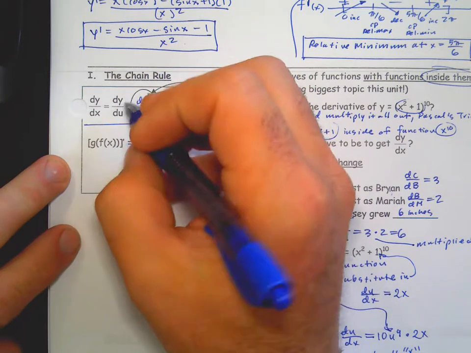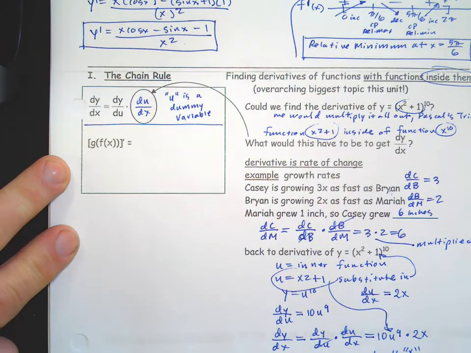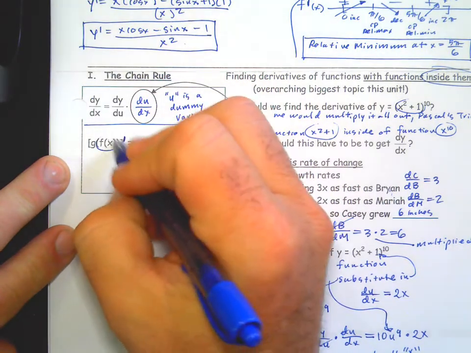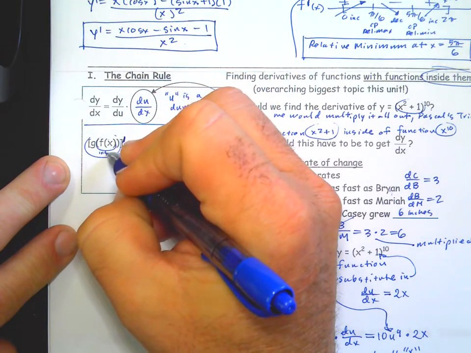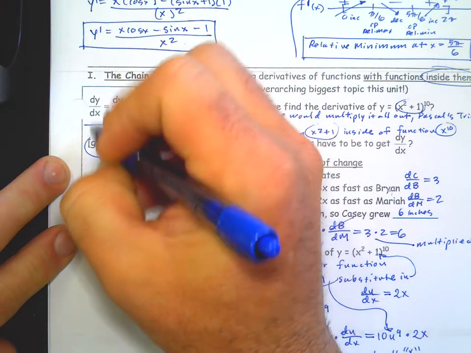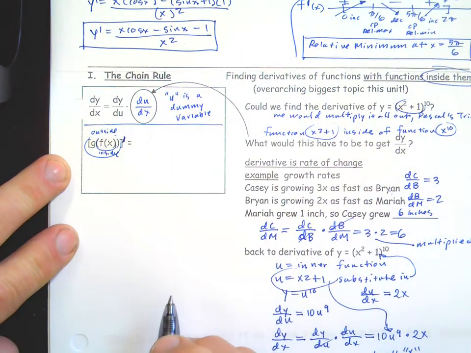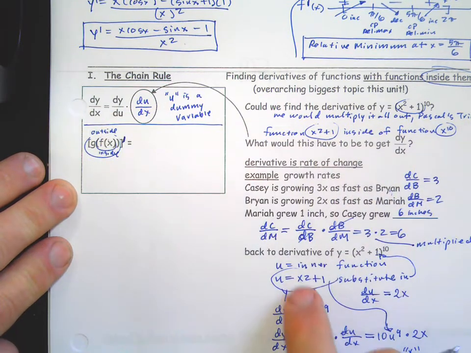So what you need to realize is we're taking the derivative of the outside first. Okay, so let's say we have this function where there's something inside something else. So this outside function is the g, the inside function is the f. And you'll notice that what we've been doing so far is we take the derivative of the outside rule first.